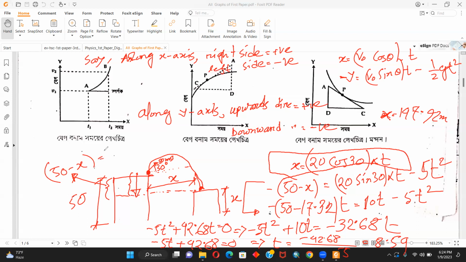But let's see what we get. 50 minus 147.92, so we will get something like minus 97.92. Is it virtually possible? It's impossible, right? The distance to be negative, it's impossible. That's my point. So that is why it will be wrong.